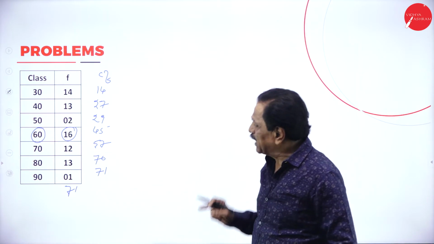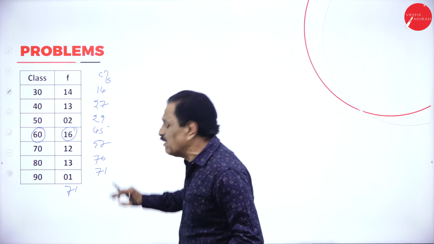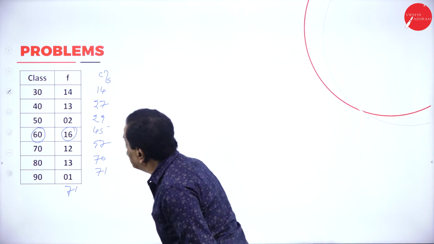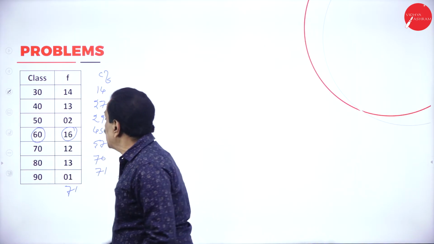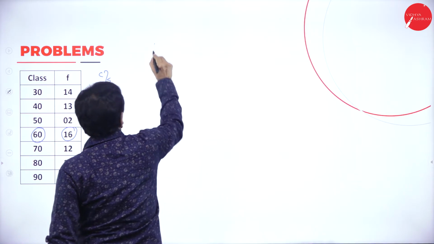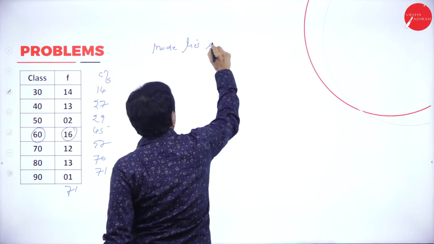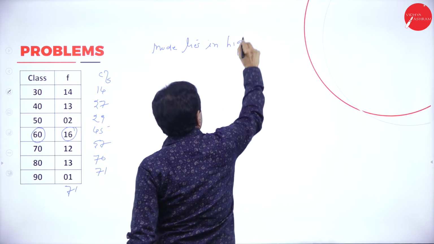Somebody says no. If we add the CF, you can add it, but it is not necessary. Which is the highest frequency? 16. The constant value is 60. So mode lies in the highest frequency.